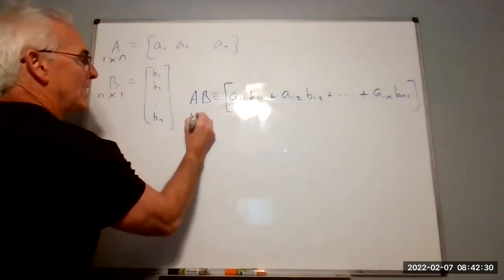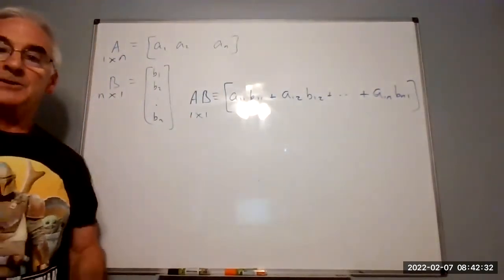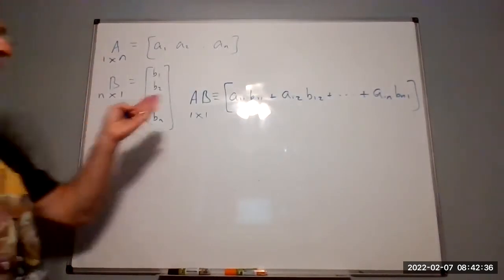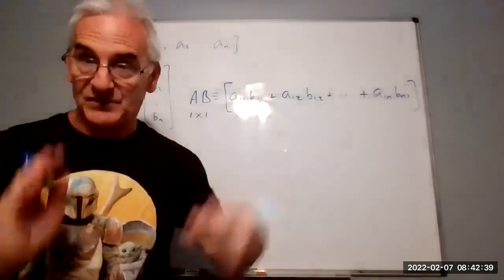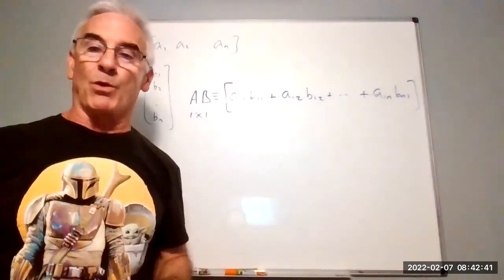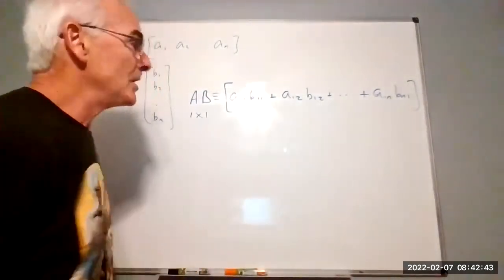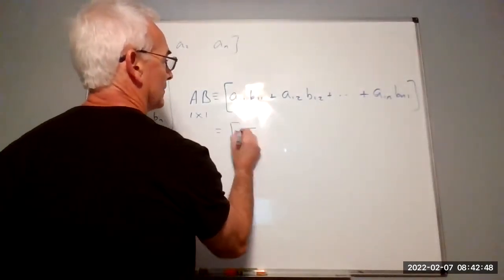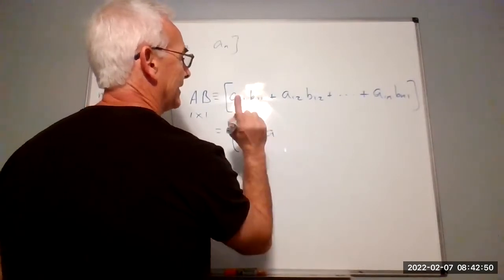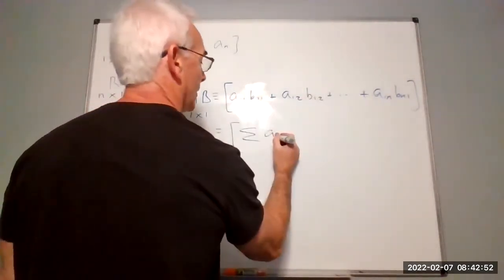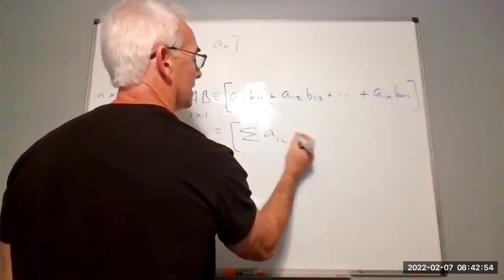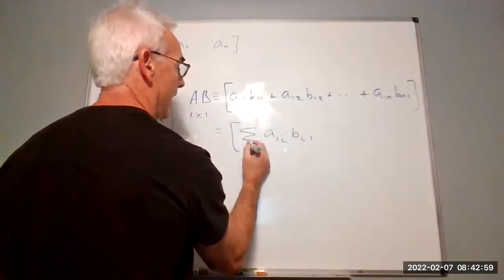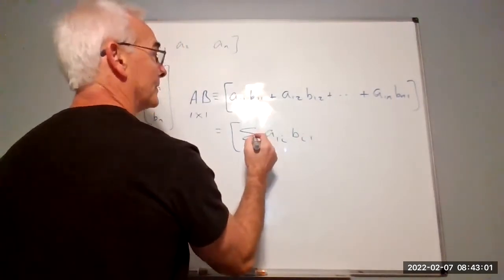I got a 1 by 1 matrix, okay? So when I take a row matrix and I multiply it by a column matrix, I get an individual value inside a matrix. Now that's kind of boring, but this is the way we do things. So we also define it this way. It's the matrix of the sum A1i Bi1, i going from 1.